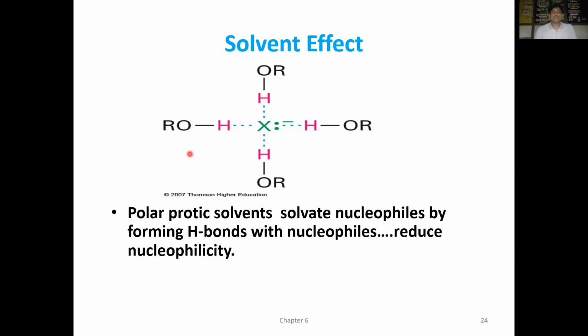In the presence of polar protic solvents, the nucleophile will be solvated, forming hydrogen bonds with the solvent, and there is a decrease in nucleophilicity of the nucleophile. That's why polar protic solvents are not suitable for SN2 type of reactions.